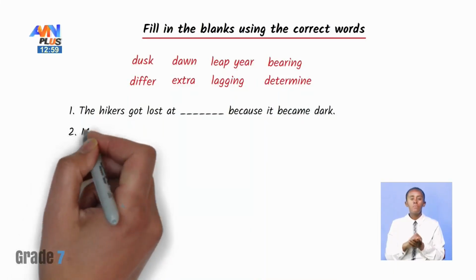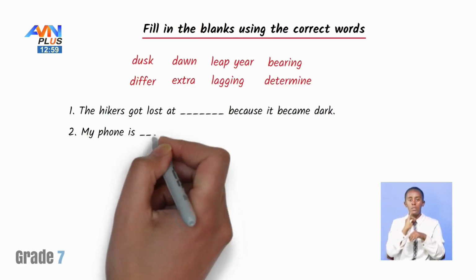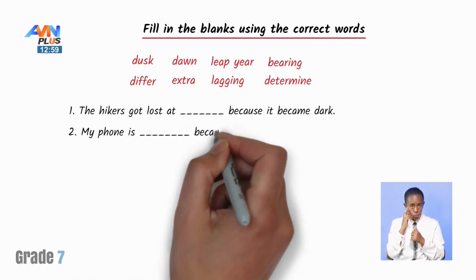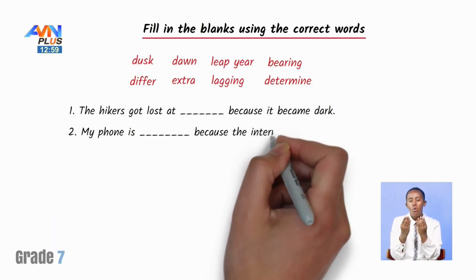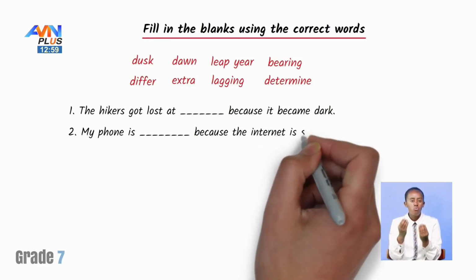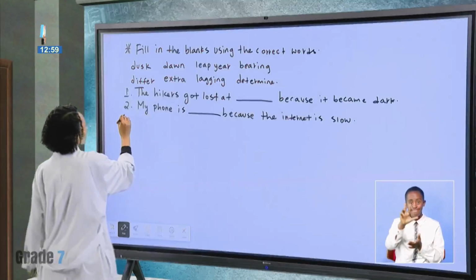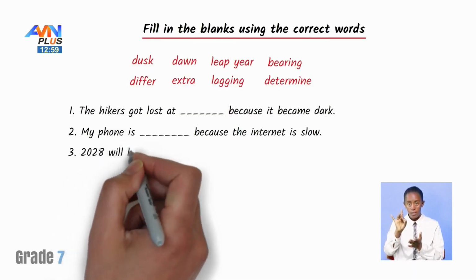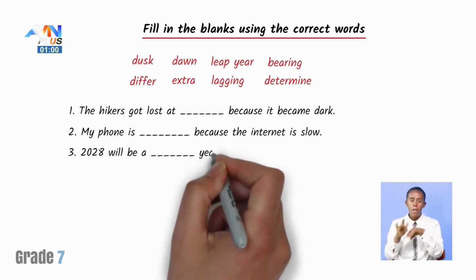Number 2, my phone is blank because the internet is slow. Number 3, 2028 will be a blank year.